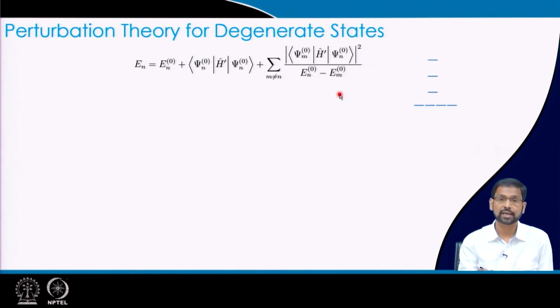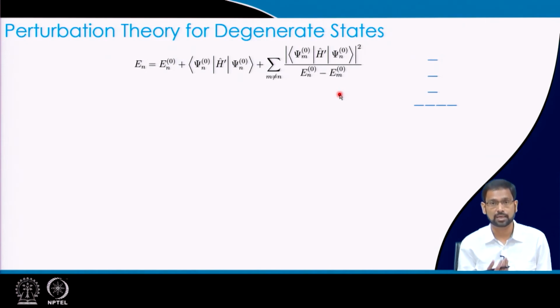But when I look at the second order energy correction, I see that if my state of interest is n, the contribution to the correction of this nth state is coming from different values of m. What is m? Here m is one of the eigenfunctions of the unperturbed system.